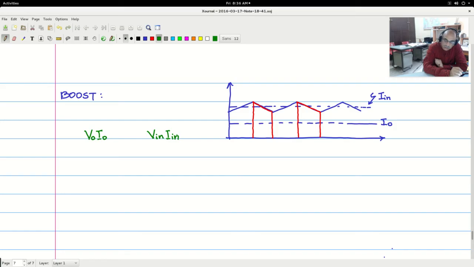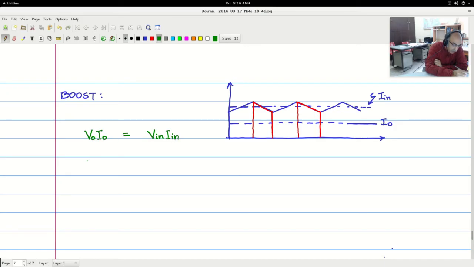Both are non-dissipative. So the input power should be equal to the output power. So these two should be equal. Now we know the relationship between V naught and V in. This is valid for any converter: V naught I naught is equal to V in I in.